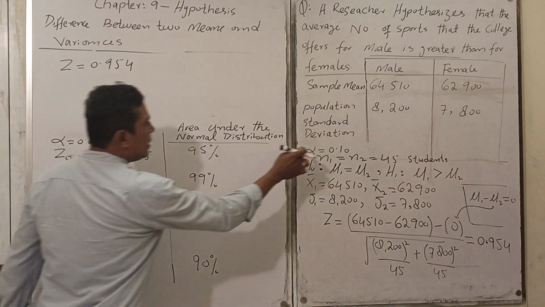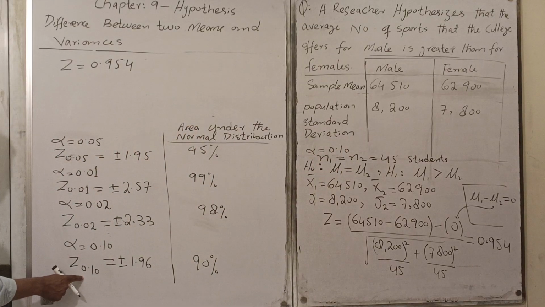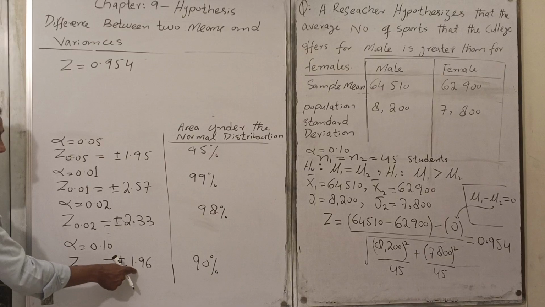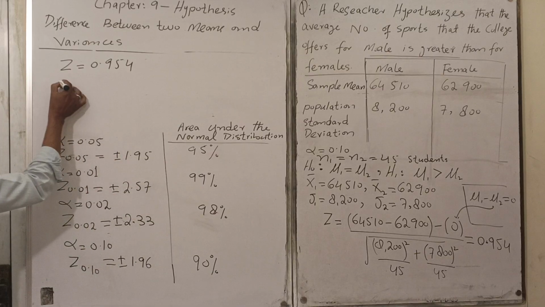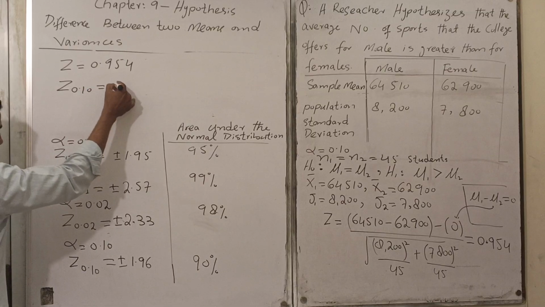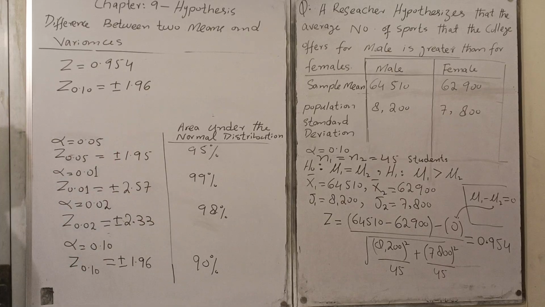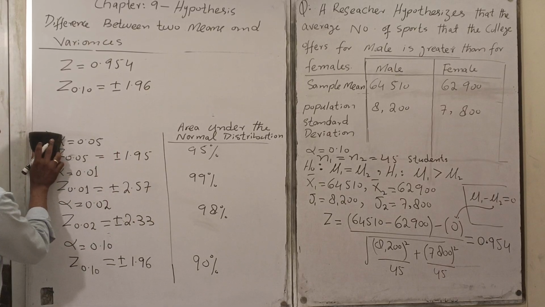Okay. So now, what about Z alpha? Z at 0.10 significance level is plus minus 1.96.